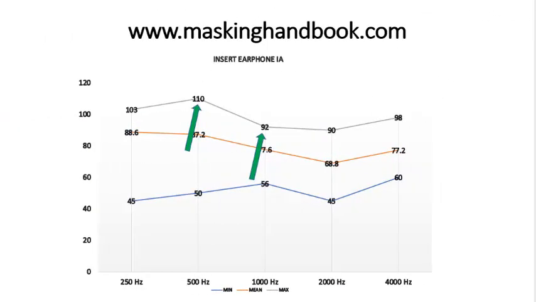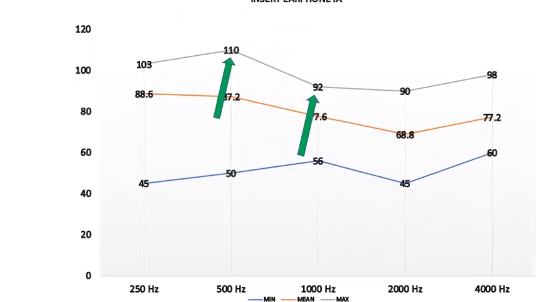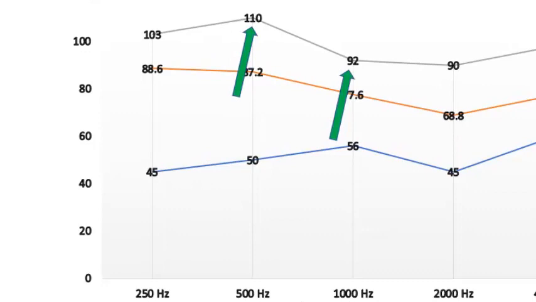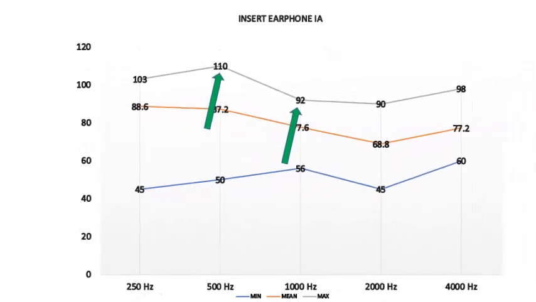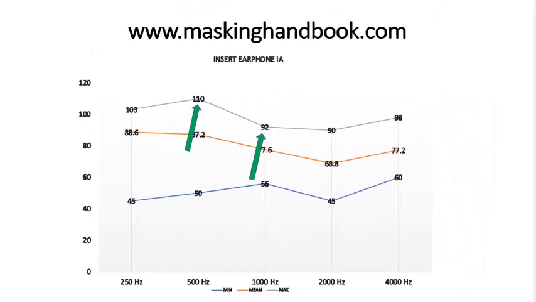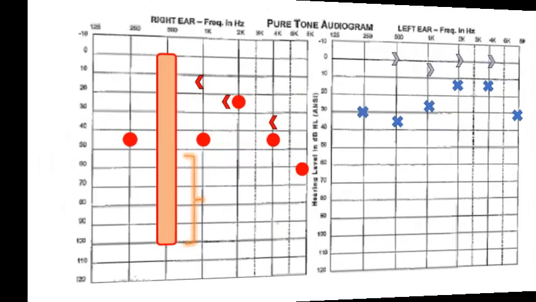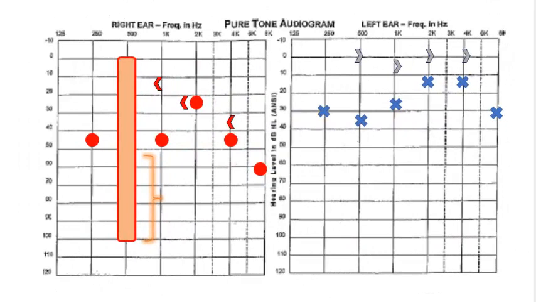Here's the interaural attenuation situation for insert earphones. We don't know the actual attenuation values, but it's possible that we have a test subject who has very high IA characteristics. If they're on the very high end of the IA spectrum for insert earphones, we may have IA as high as 90 or 100 dB. If that's the case, it would mean we could deliver really loud levels of masking noise to the right non-test ear, and it would not cross over to the opposite test ear.